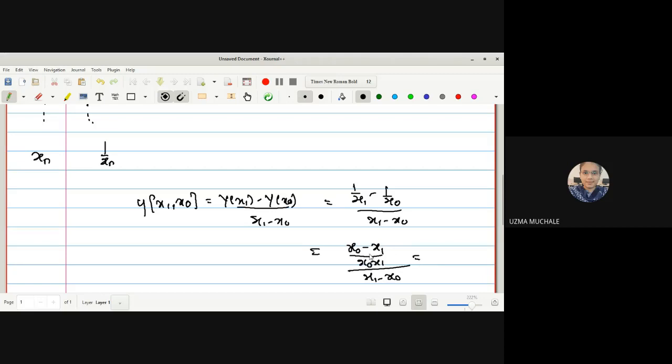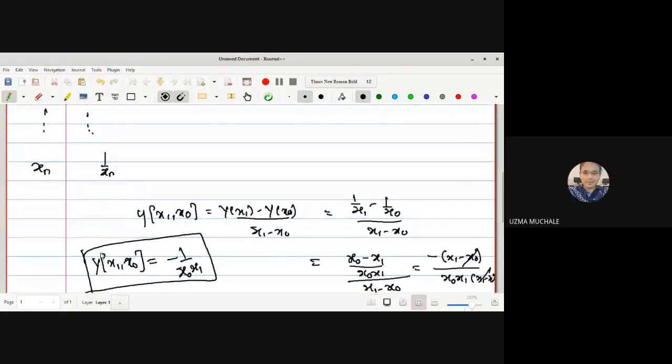If I take a minus sign outside, we get minus of x1 minus x0 divided by x0 x1 into x1 minus x0. These two get cancelled and we get the formula for the first divided difference: y of x1, x0 is equal to minus of 1 upon x0 x1. Getting me?